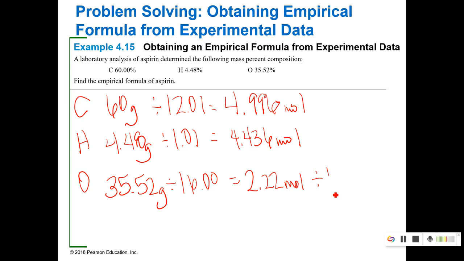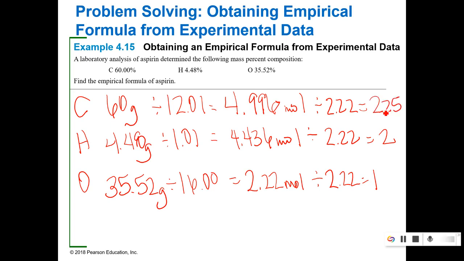Okay, remember we divide everything by the smallest. This one comes out to 2.25. That is a quarter, so that means all of these are times 4. So this is C9, H8, O4, and we've seen that in a calculation earlier. That's acetylsalicylic acid.